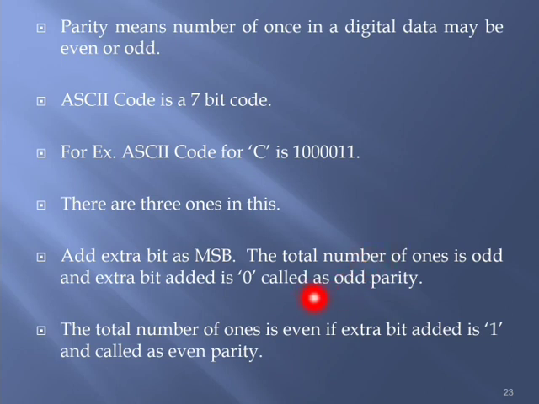If 1 is added, then the total number of ones becomes even, and that is called even parity. So the total number of ones is even if the extra bit added is 1, where you are adding it as MSB. That is called even parity. So based on which bit you are adding, whether it is 0 or 1, it decides the even parity or odd parity.